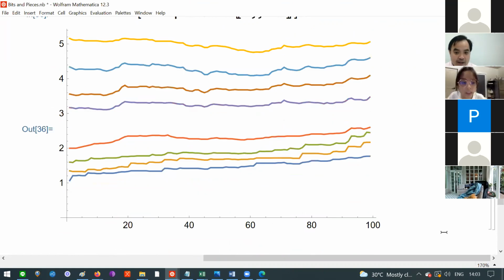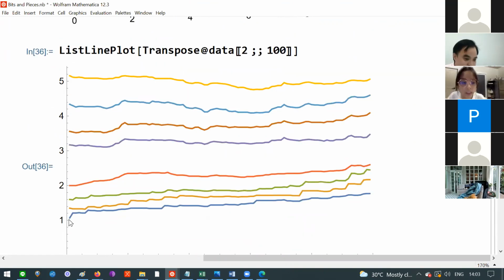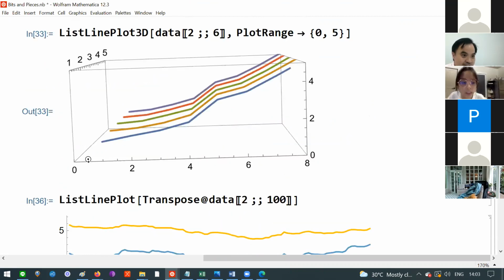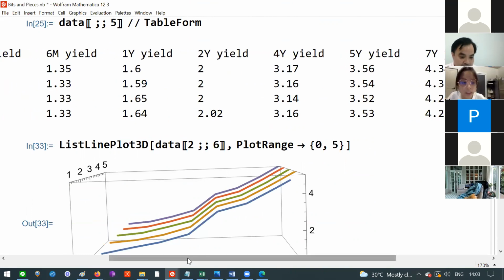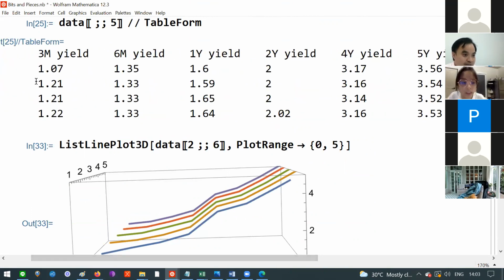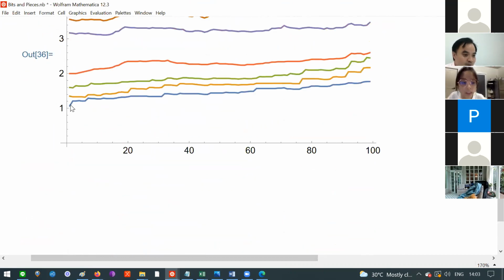So basically, this is the 3-month yield. It starts from 1.07, 1.21, 1.21, 1.22.